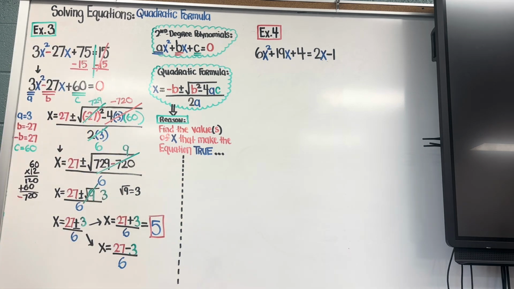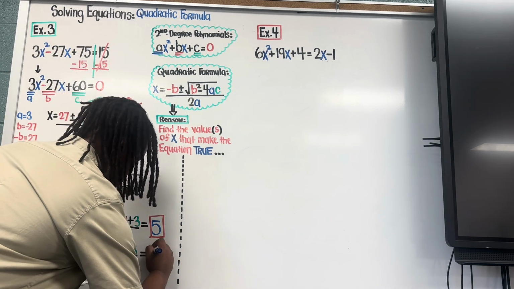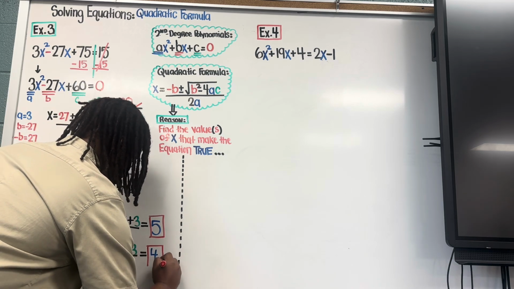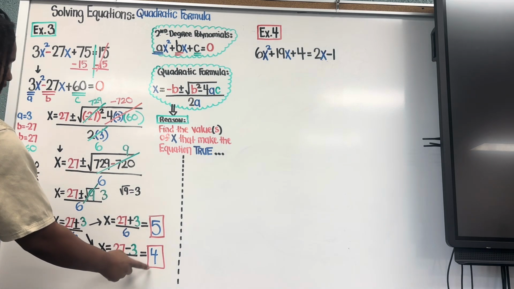Okay, 27 minus 3 is 24, and 24 divided by 6 is 4. So once again, guys, x could either be 5 or 4.